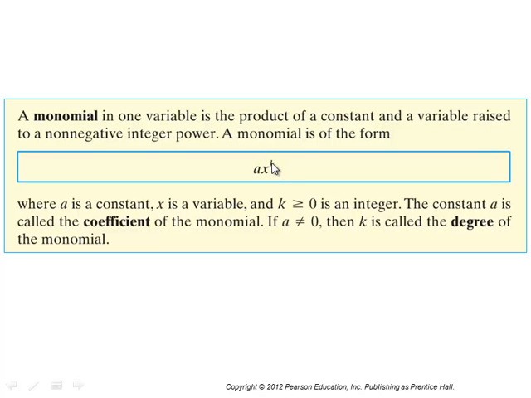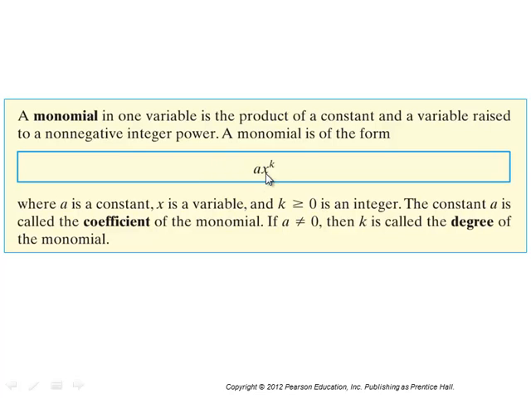And this power k, a number, has to be positive or even zero, but cannot be a fraction. It has to be a whole number. So a is the constant, x is the variable, and k is the power. It's an integer, a non-negative integer.